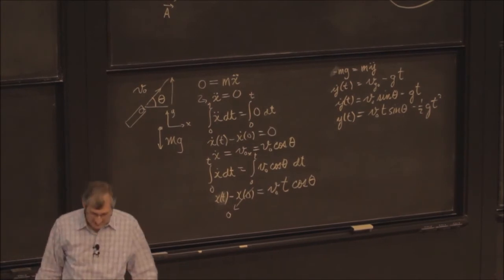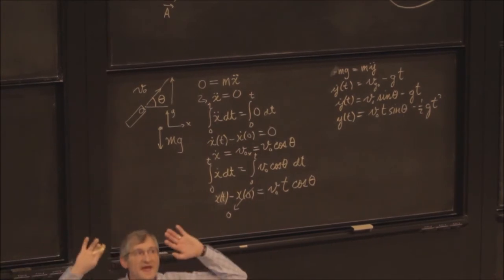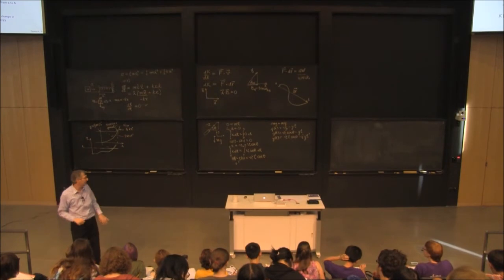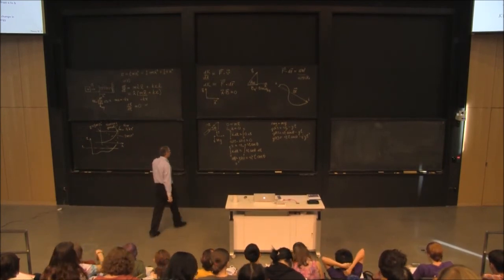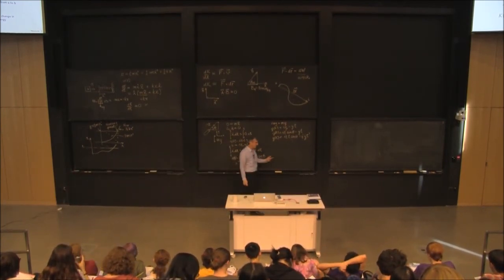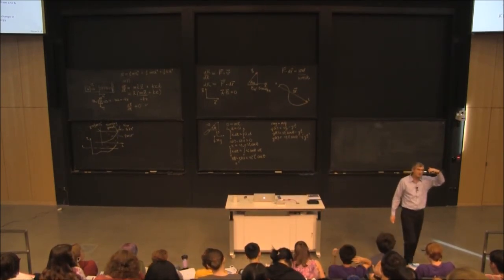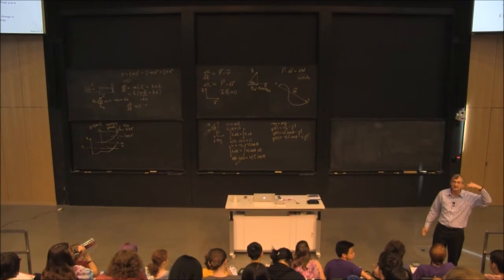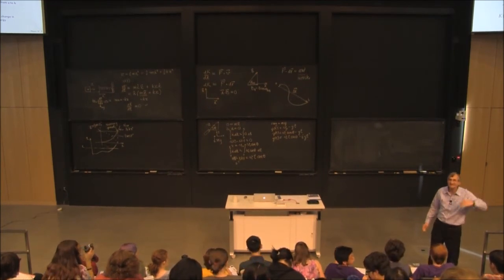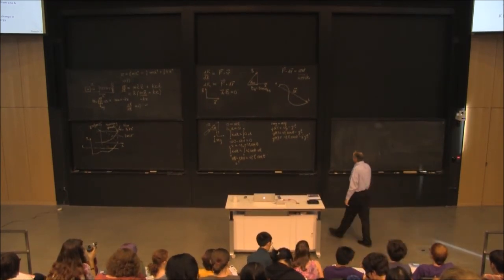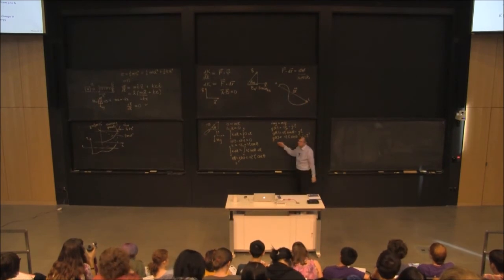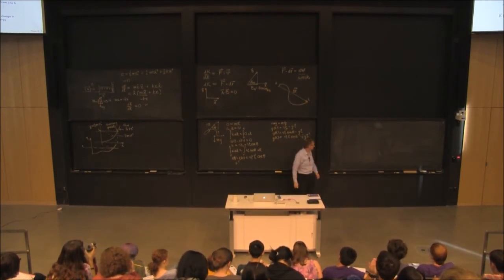Okay, so that is what we did before. That's getting everything as a trajectory parameterized by the time. But suppose instead I want to know how fast is the particle going at any particular height? Can I get that out of this solution? So let's try.